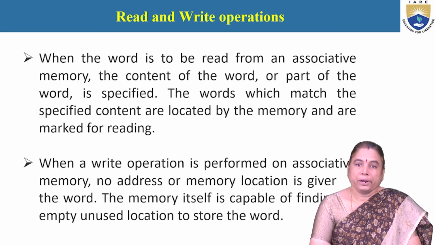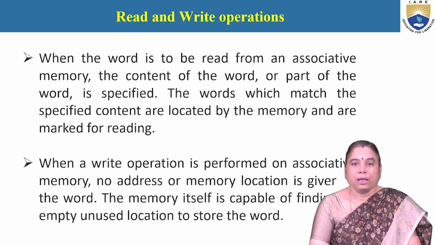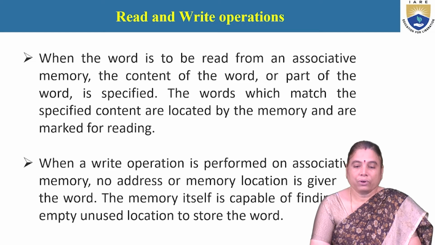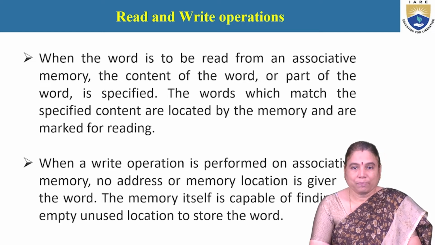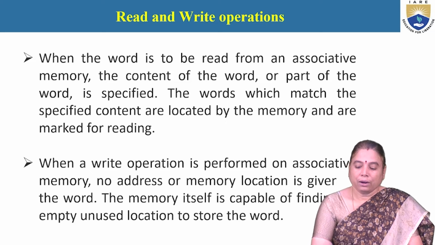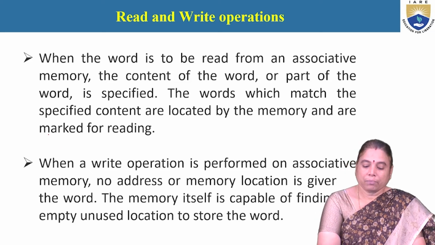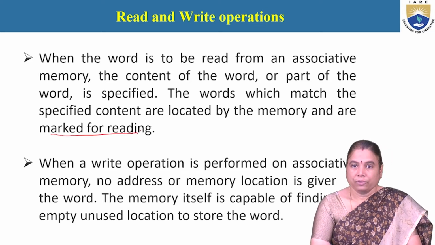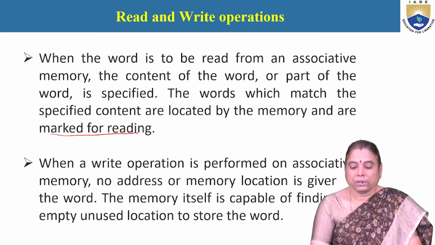How to perform read and write operations on this associative memory? When a word is to be read from an associative memory, the content of the word or part of the word is specified. The words that match the specified content are located by the memory and are marked for reading. So, if the search word is found, those content locations are marked for reading.